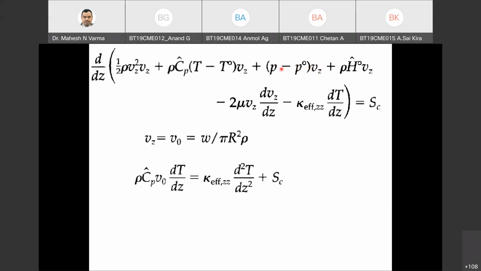The variation of pressure is there in the Z direction, hence there is a flow, but this variation is not high enough to change the heat content of the material. Pressure is not playing any important role in the heat content or energy content of the material in the Z direction. That is why this can be neglected. Okay, is this clear to everybody?